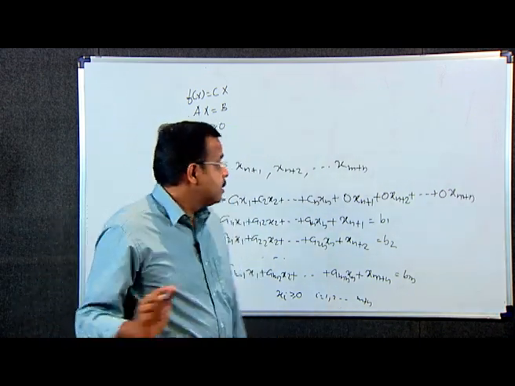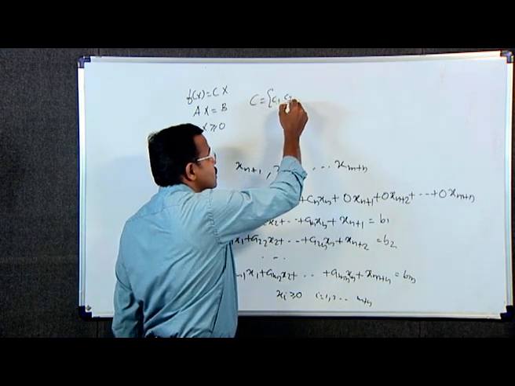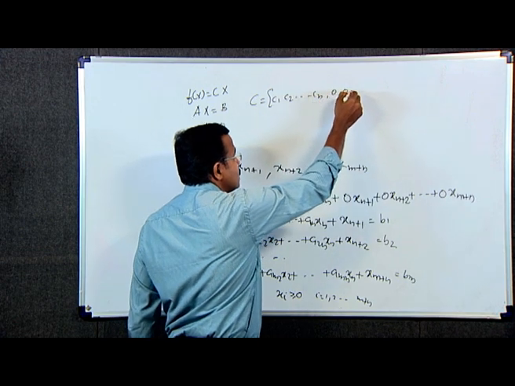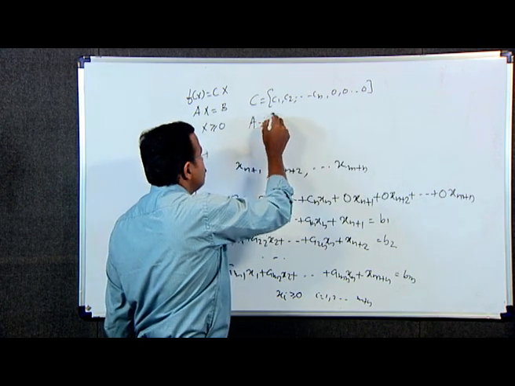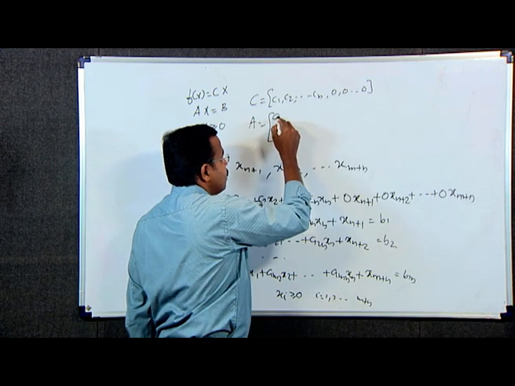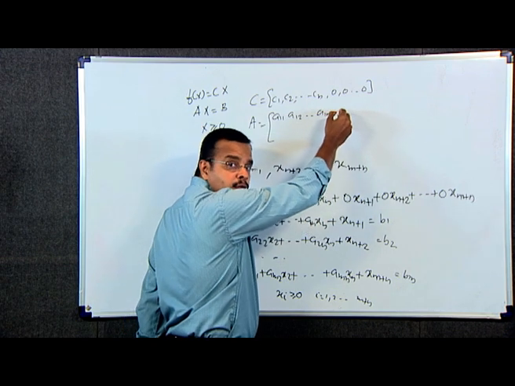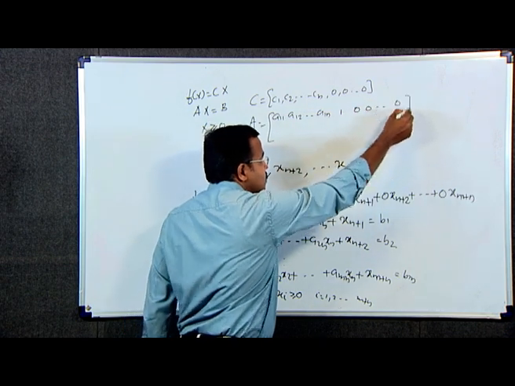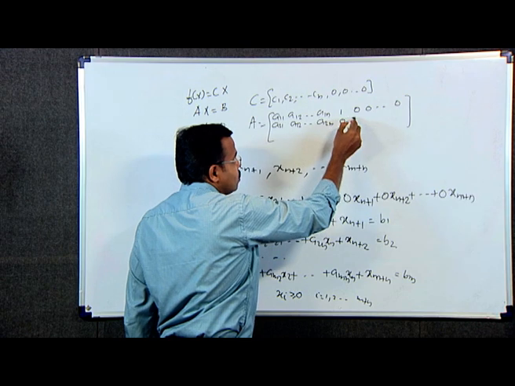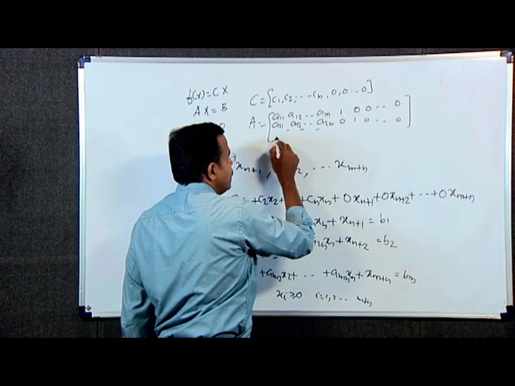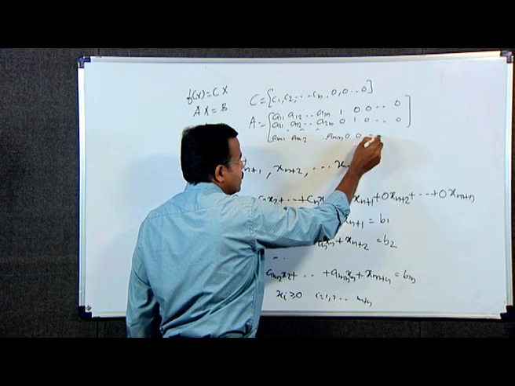Here the matrix C is the row vector (c1, c2, ..., cn, 0, 0, ..., 0), and A is the matrix with rows a11, a12, ..., a1n, 1, 0, 0, ..., 0; then a21, a22, ..., a2n, 0, 1, 0, ..., 0; and finally am1, am2, ..., amn, 0, 0, ..., 1.